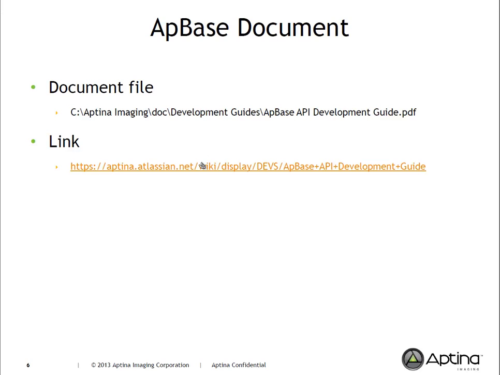And also with this wiki, it'll be a lot easier to search all of our documentation by keyword, and we view that as being a huge boon to our customer base. All right, so that's ApBase. Simplistic in the sense of what an overview looks like, but as you look through the document, you'll see it's quite a bit of API calls available to the user.